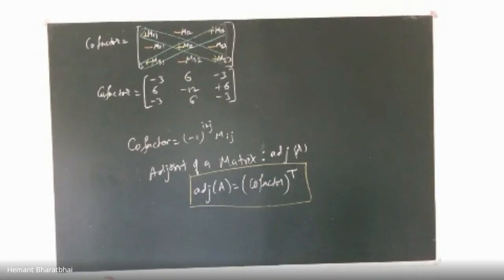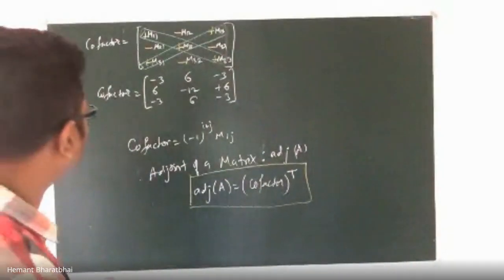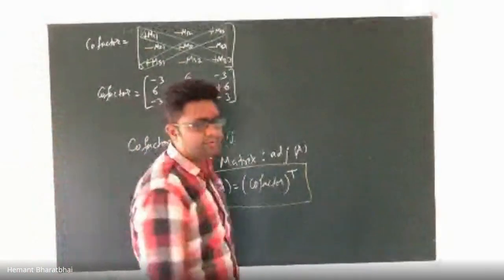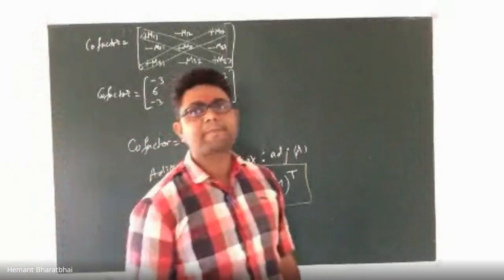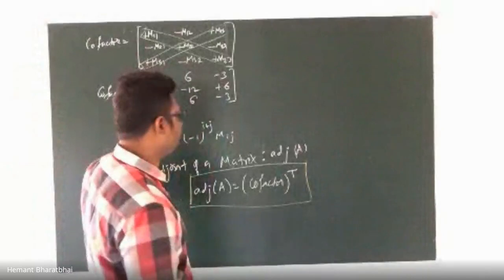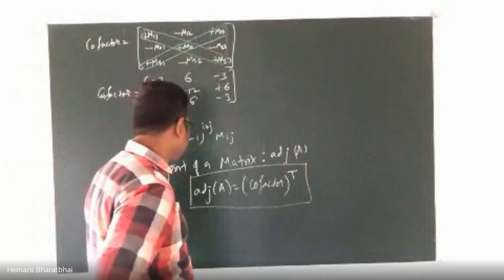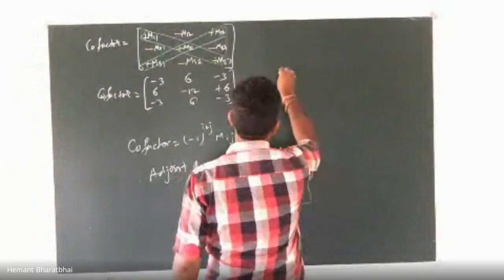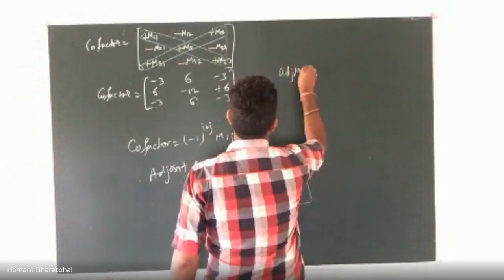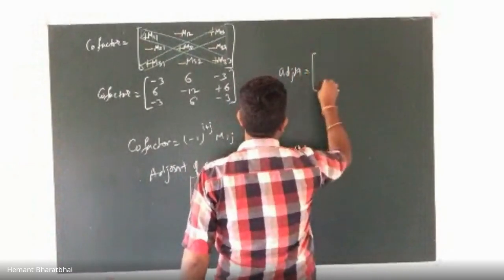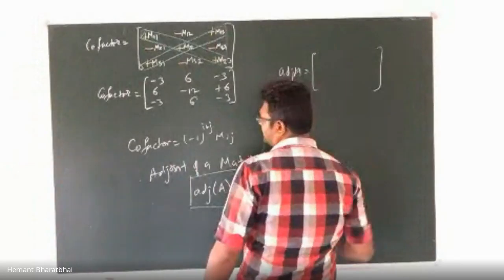And therefore today we studied how to find the minors of a matrix, the cofactor of a matrix, then the adjoint of a matrix. Our matrix was 1, 2, 3, 4, 5, 6, 7, 8, 9, and the cofactor of that matrix is this. So adjoint will be nothing but the transpose of the cofactor.